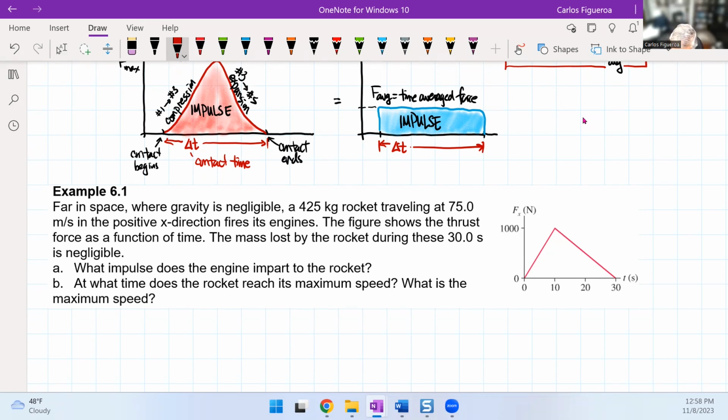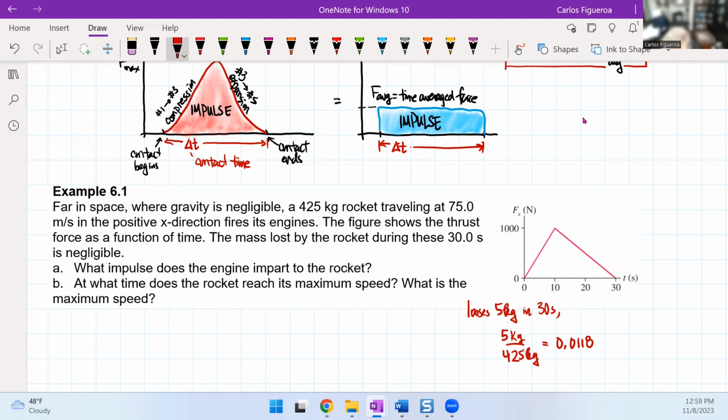If it loses 5 kilograms in 30 seconds, then this is going to be 5 kilograms divided by 425 kilograms, and that number is 0.0118.